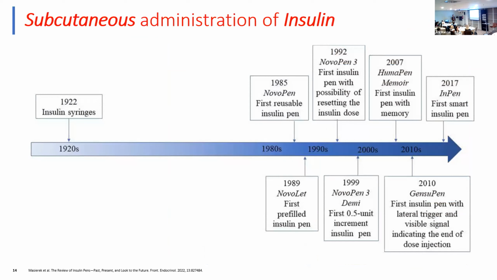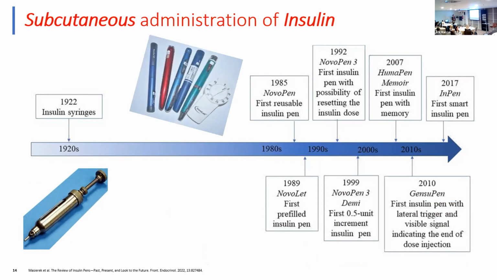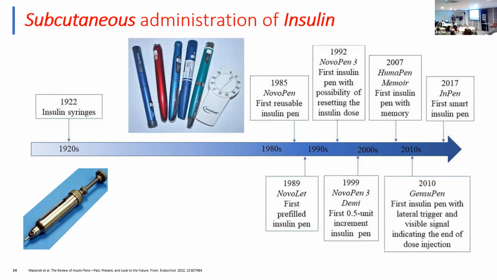So when you talk about subcutaneous delivery, we all think about insulin, and this is just an overview of how delivery of insulin has evolved over the years. It started back in 1922 with the bulky syringe, very old one, and then we have progressed to more innovative administration pens.